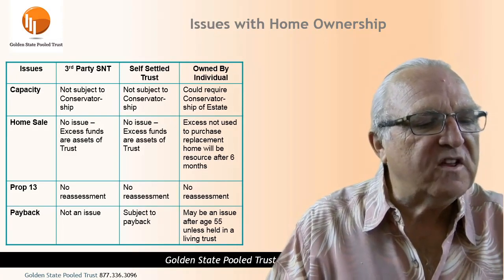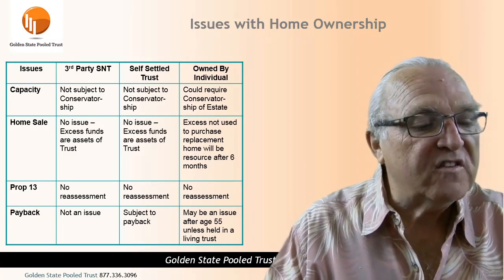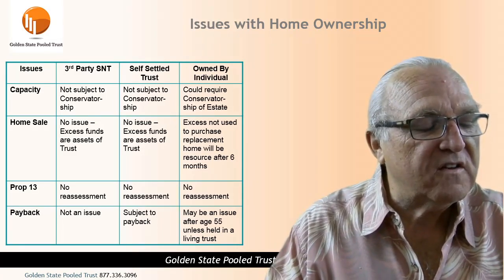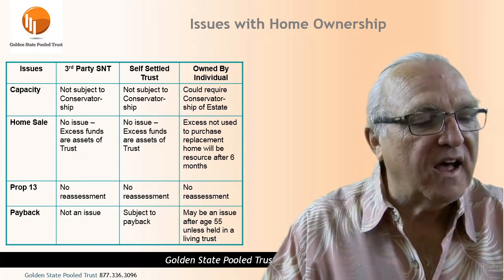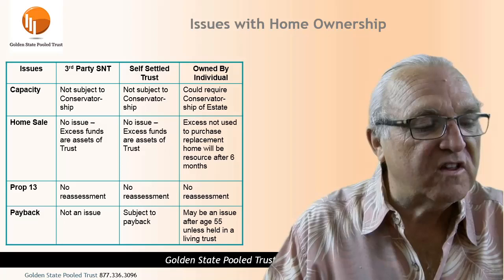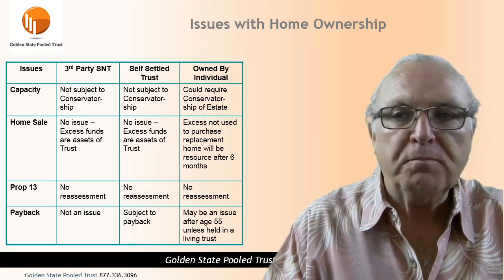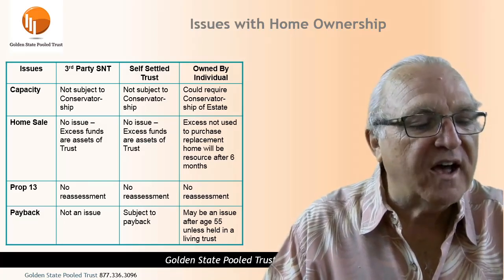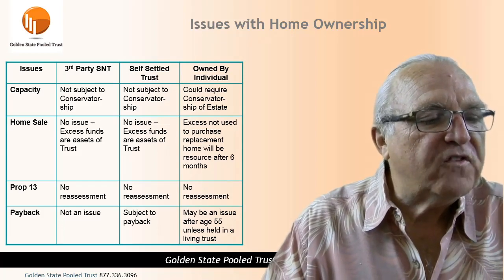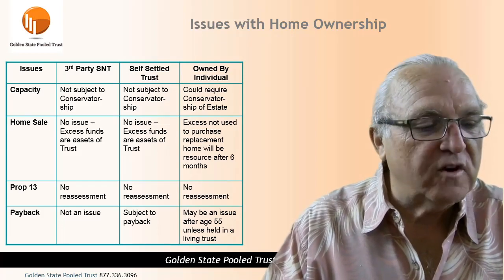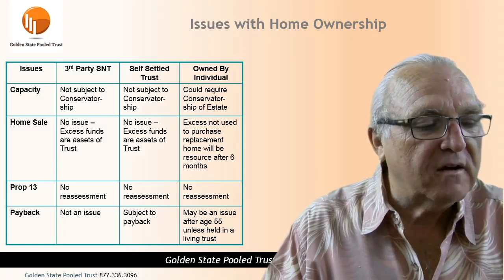For Prop 13, there would be no reassessment for any of these examples, and for payback to Medi-Cal, there is no payback when you're dealing with a third-party trust because the beneficiary never had a true ownership interest. For a self-settled trust, everything in the trust is subject to a payback.